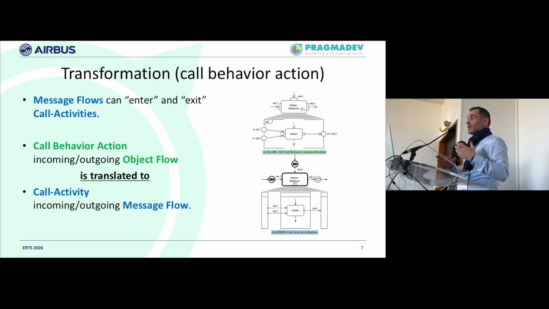The issue is with incoming and outgoing object flows. That is, a call behavior action has a definition inside, and object flows can enter and exit this definition of the call activity. This is done in BPMN via message flows. So message flows can enter and exit call activities.